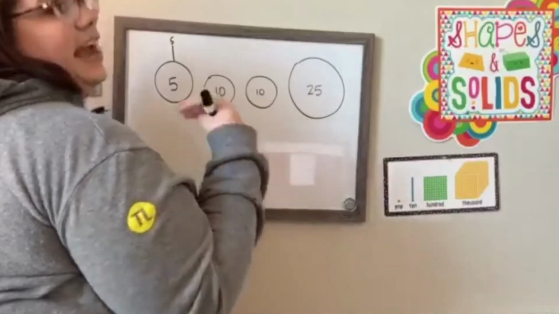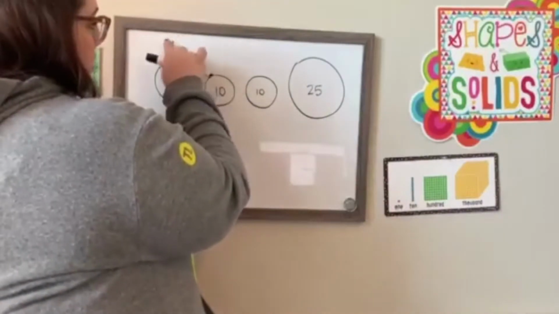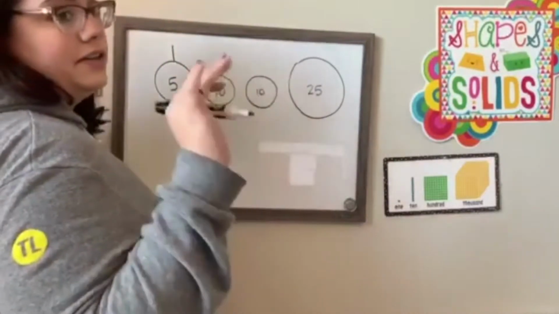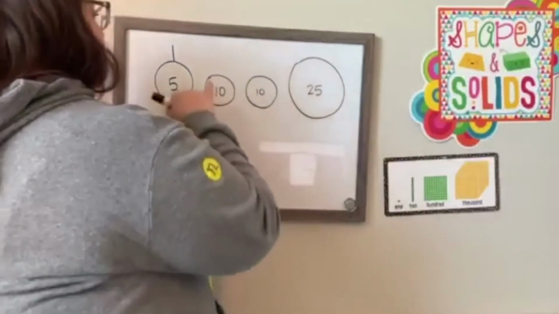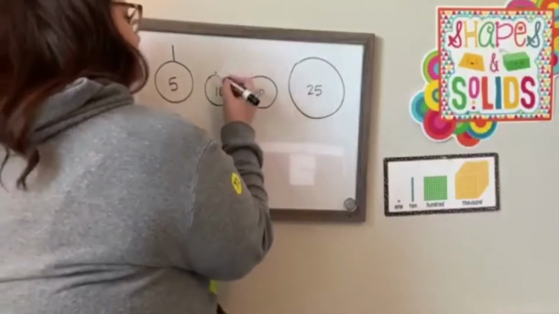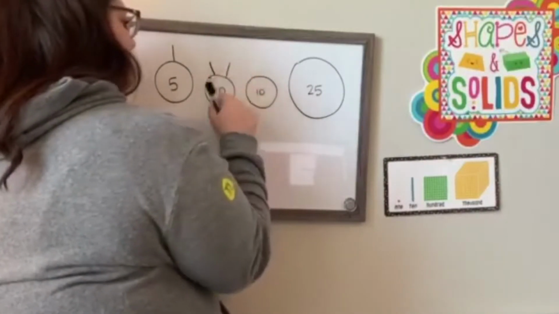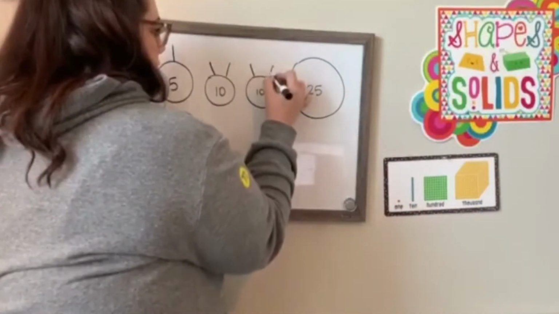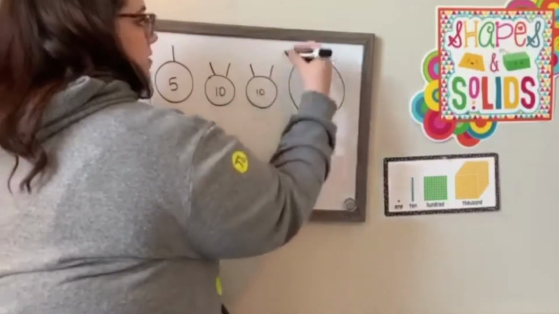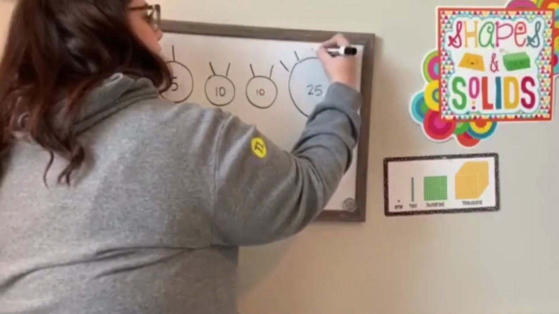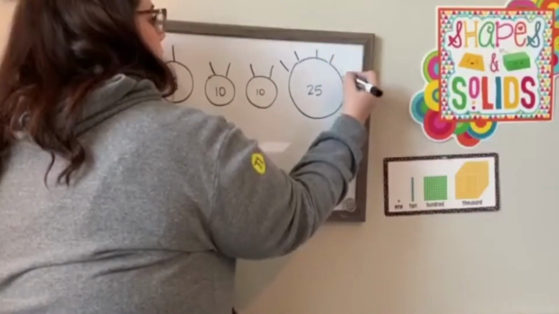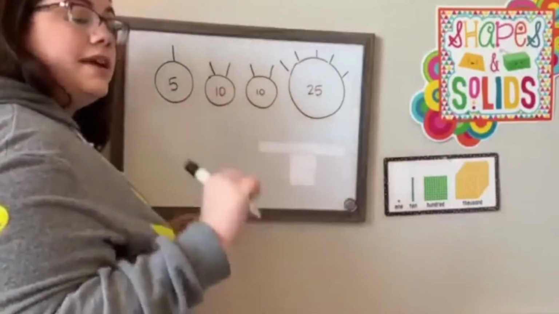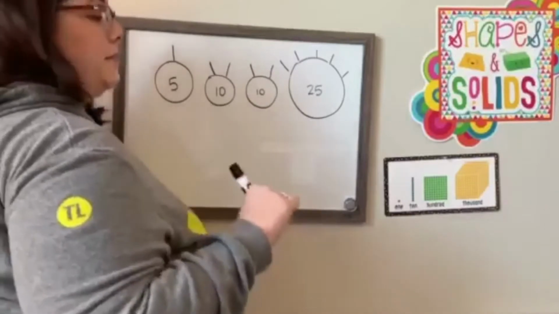Typically I would have you write out the numbers at the top, but right now we're just going to focus on hairs because I'm going to show you a trick. So 1 hair for the nickel, 2 hairs for this dime, 5, 10, 2 hairs for this dime, 5, 10, and then 5 hairs for this quarter, 5, 10, 15, 20, 25. Remember, hairs represent 5s, so we're going to count by 5s.